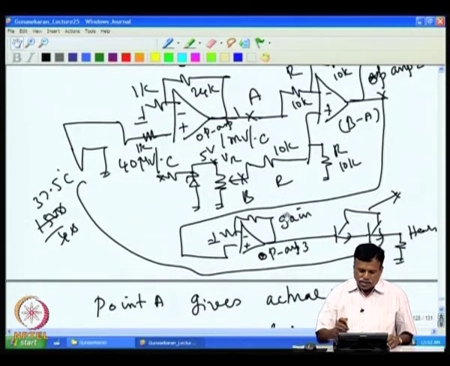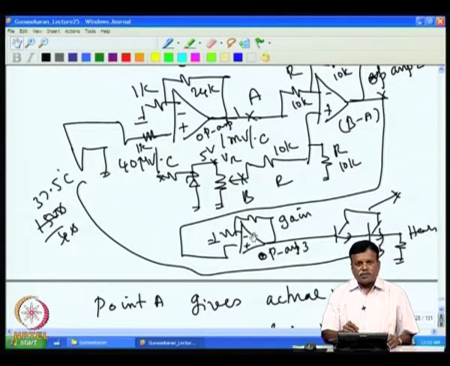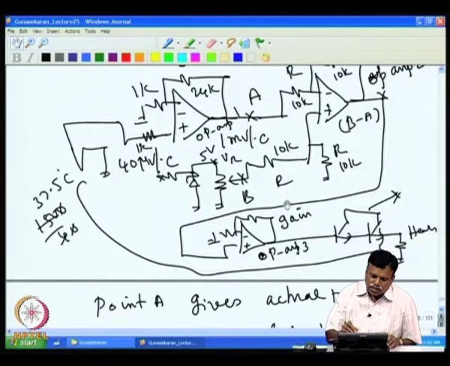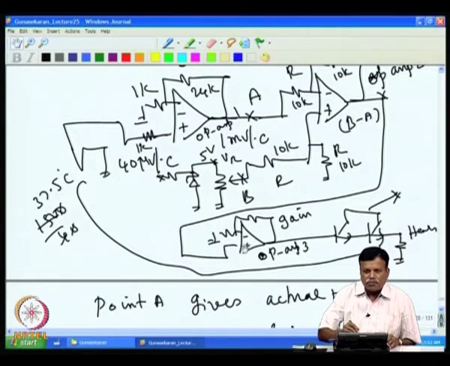Similarly, if you look at op amp 3, in op amp 3 the signal is already 1 millivolt per degree C. So, this need not be a very low drift op amp, because even if I use an ordinary op amp which is having 1.5 millivolt drift for 100 degree C, the error will be only 1.5 degree.